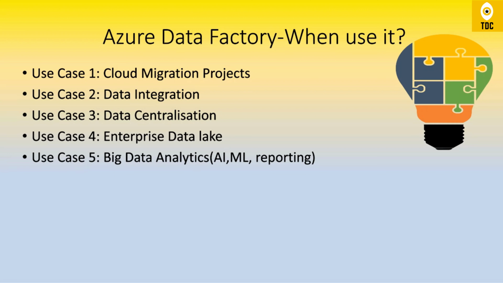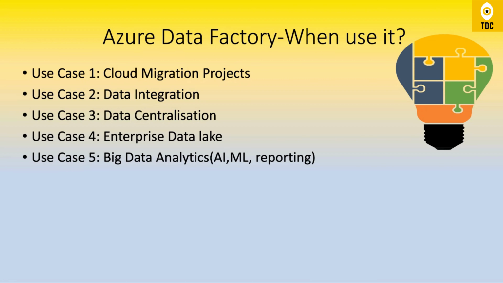And the third use case is data centralization. Almost all the Fortune 500 companies, including the big MNCs, want to bring in all the domains, for example airlines, automobiles, retail, telecom, energy. Whatever organization or vertical you take, they are all concentrating on data centralization.